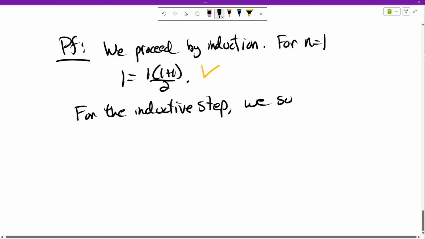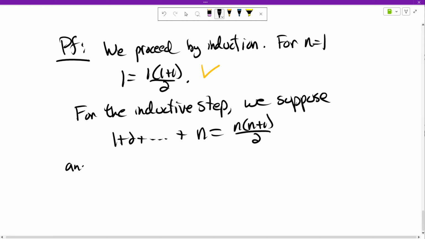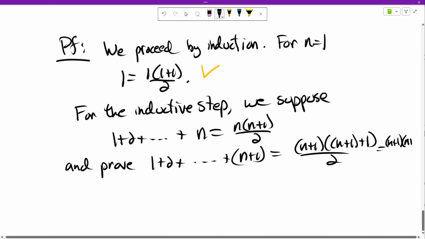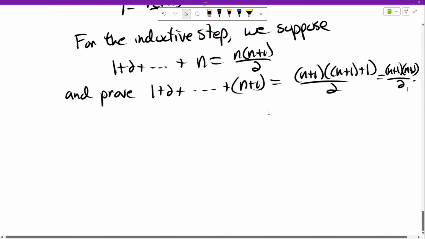We suppose that 1 plus 2 plus ... plus n is n times n plus 1 over 2, and prove 1 plus 2 plus ... plus n plus 1 is n plus 1 times n plus 1 plus 1 over 2, which we computed in the last video to be n plus 1 times n plus 2 over 2. Okay, so the same setup as the last proof, and scroll down just slightly.